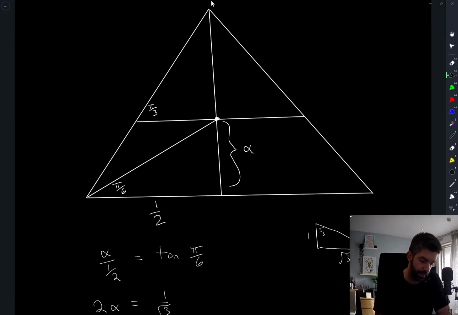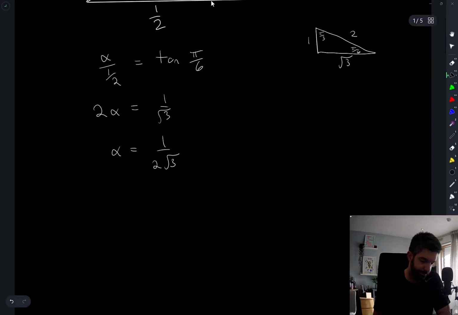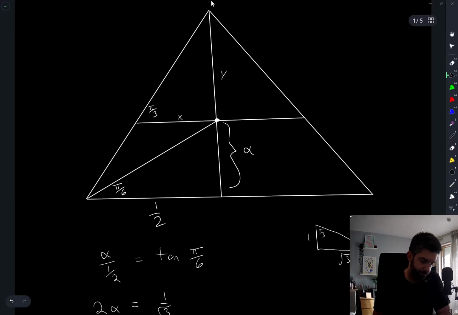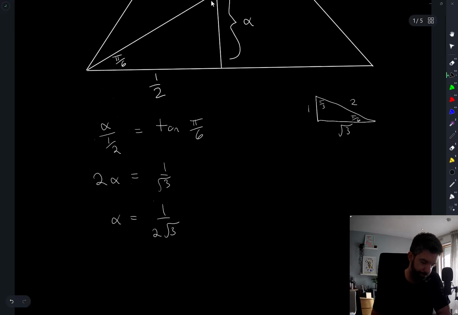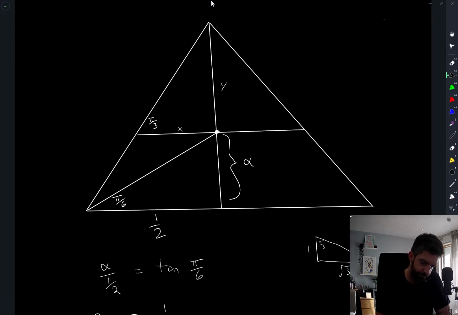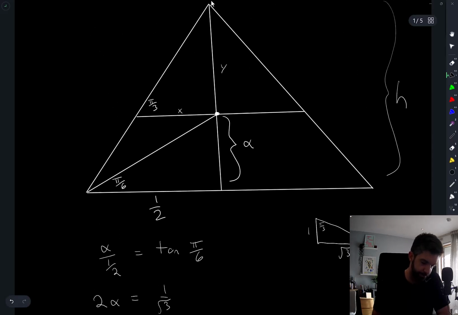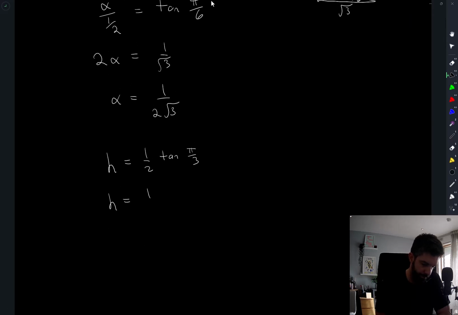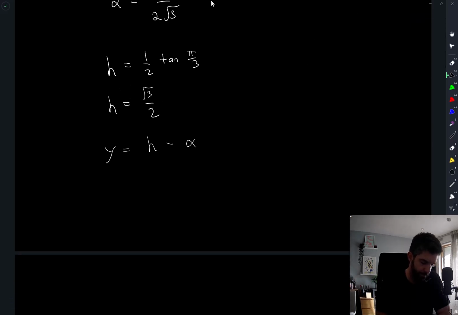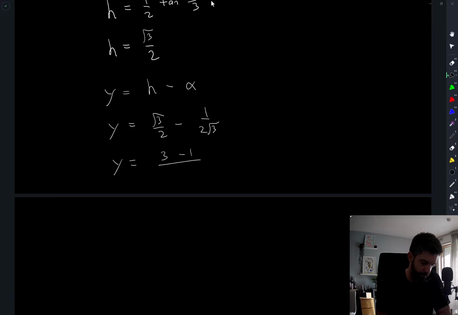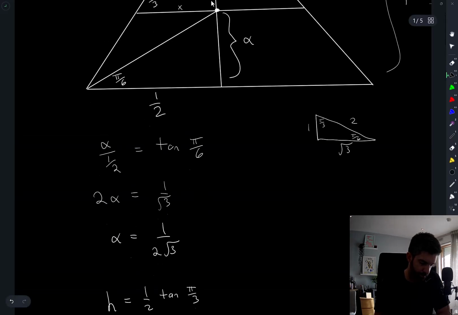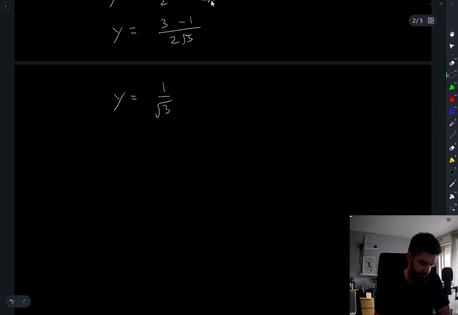The height of the rectangle is not 1. Oh, God. Okay.